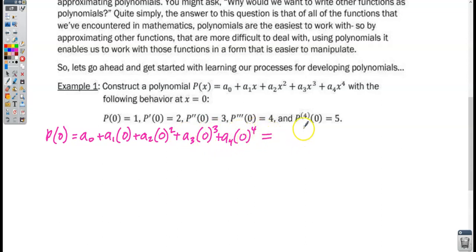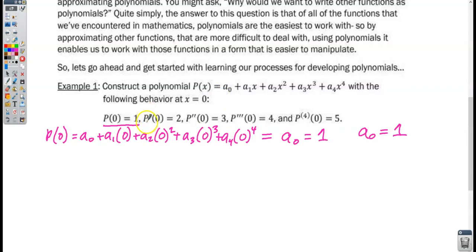And that whole thing is equal to just a sub 0 because all the other terms drop out. Well, remember, we wanted p of 0 to be equal to 1, and so therefore we can gather from this that we want a sub 0 in our polynomial to be equal to 1. And so we have the first piece of the polynomial that we want. All right.